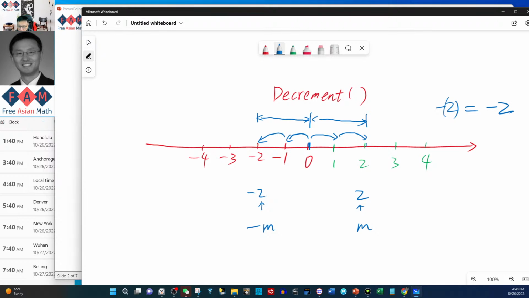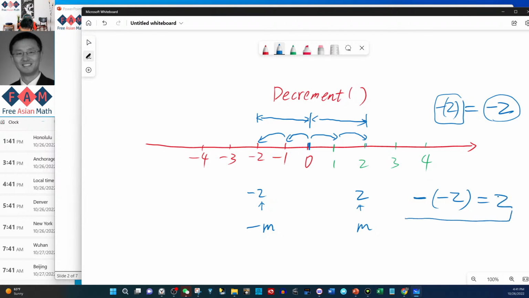That's why we can write -2 without these parentheses. Essentially, -2 is the same thing as negation of 2. Because of that, we can further negate a negative integer. So, what is the negation of -2? Well, you just flip it. Then it becomes 2.